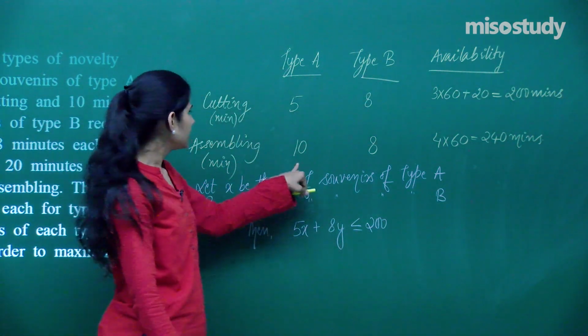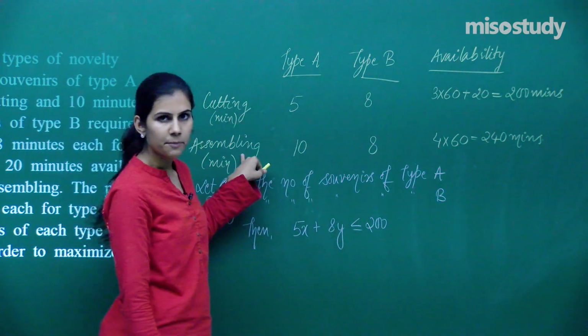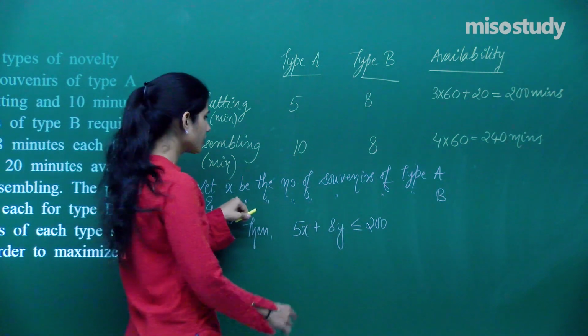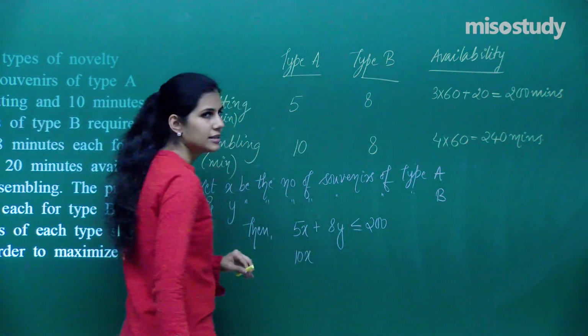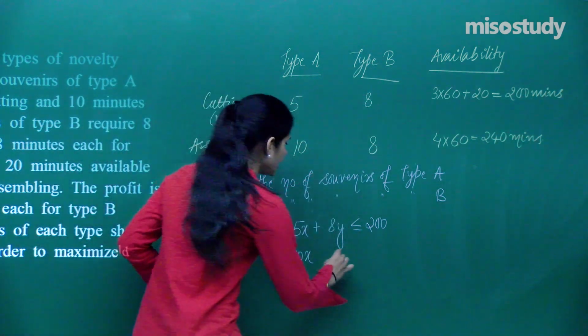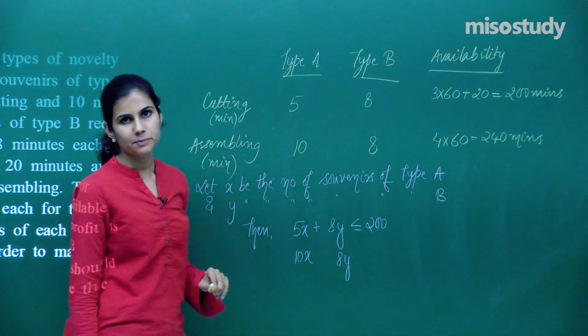Second constraint, a souvenir of type A requires 10 minutes in assembling. So, if I am manufacturing X souvenirs of type A, then 10 into X is the minutes spent in assembling them, and similarly 8 into Y is the minutes spent in assembling the Y type B souvenirs.